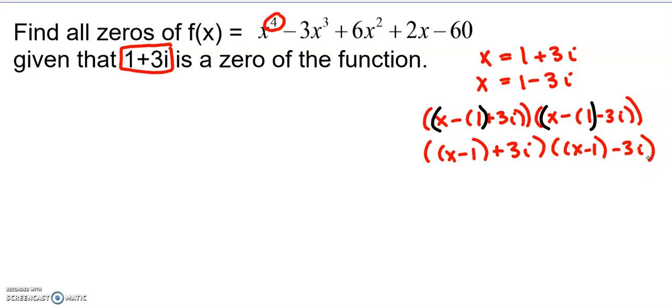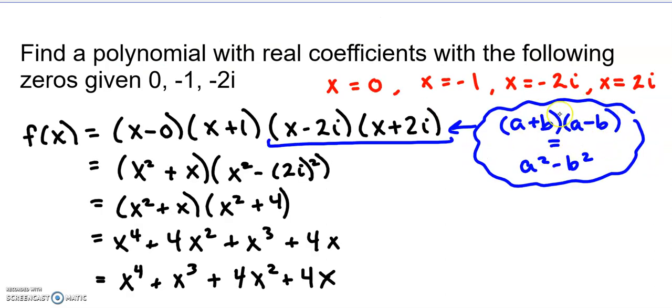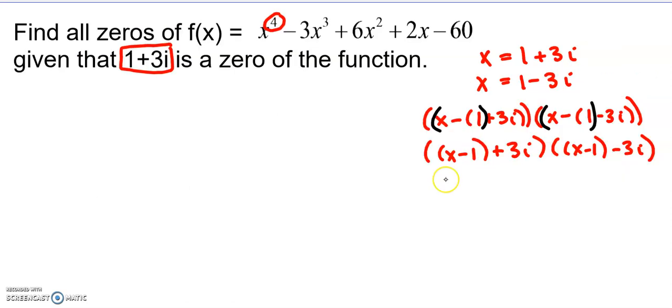Now that reminds me a lot of what I talked about here. It's just a difference of two squares. So that's just going to be x minus 1 squared minus 3i quantity squared, because I don't need this extra parentheses.